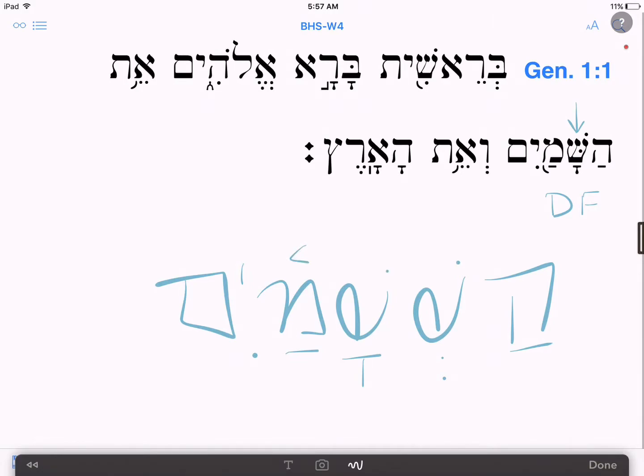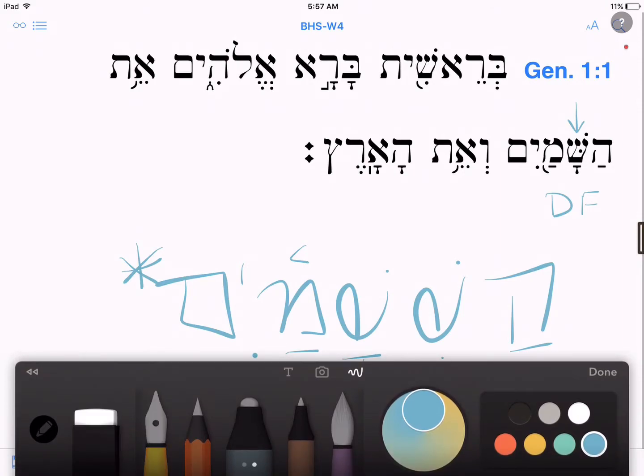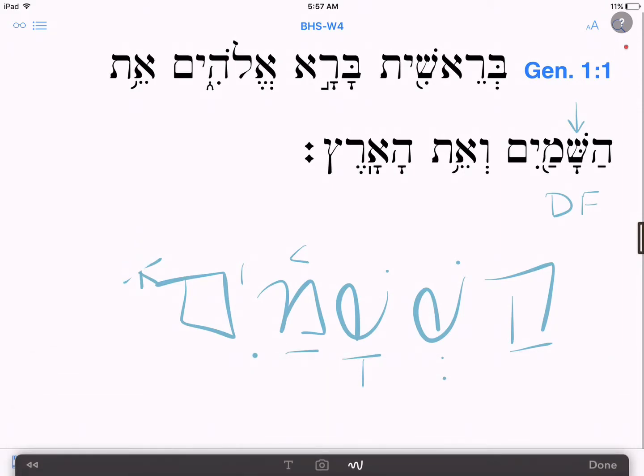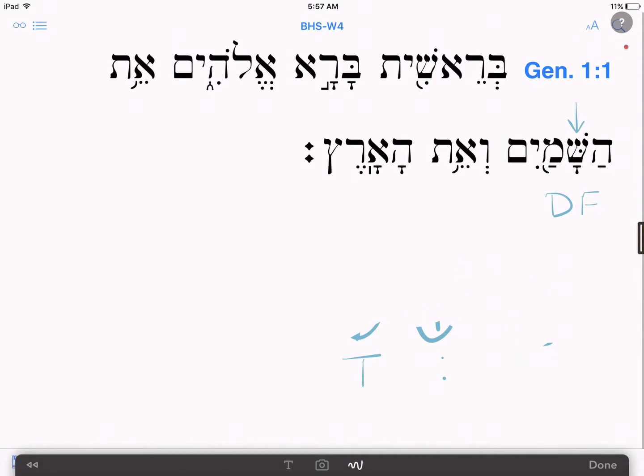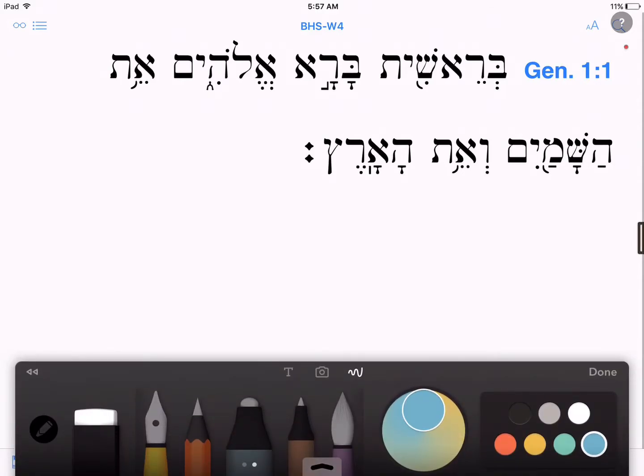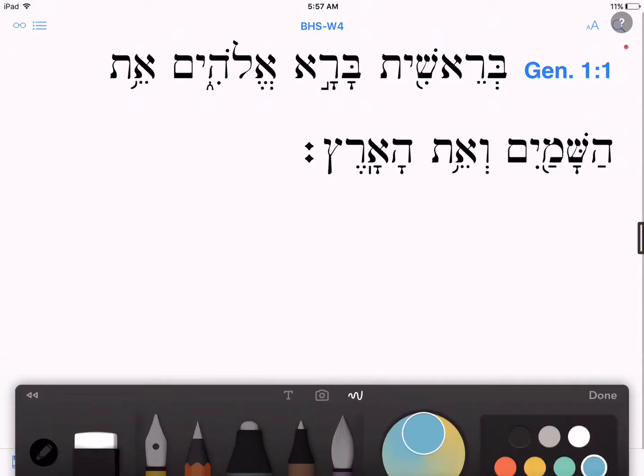This is only if we want to expand the word out, but this again is what we would call a theoretical form. It doesn't technically exist. So anyway, that's what the dagesh forte represents there. And we get hashamayim, which means the heavens. Let me keep erasing here.